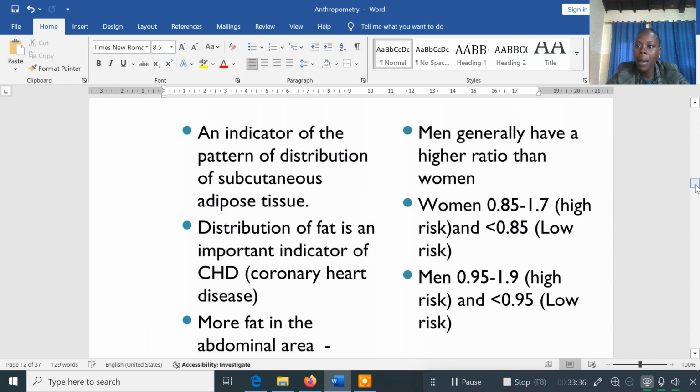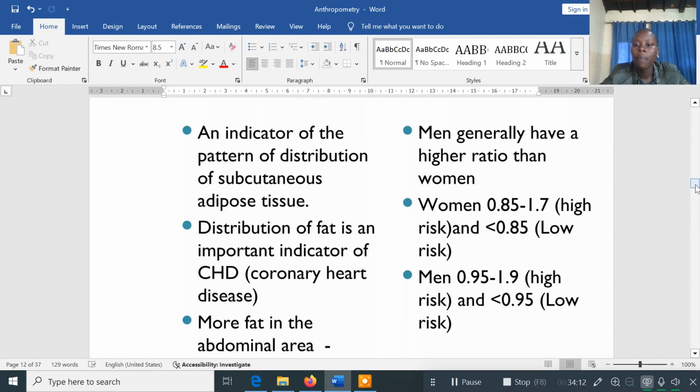So I wanted to talk about the reason why men generally have a higher ratio than women. Remember, anatomically in structure, ladies have more adipose tissue in the hips. That's why you see ladies having bigger hips. Their adipose tissue is higher than that of men. So for example, you've taken someone's waist circumference and it is 32 centimeters or inches.